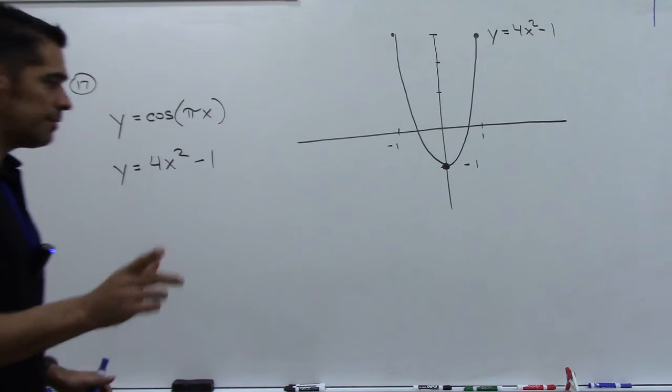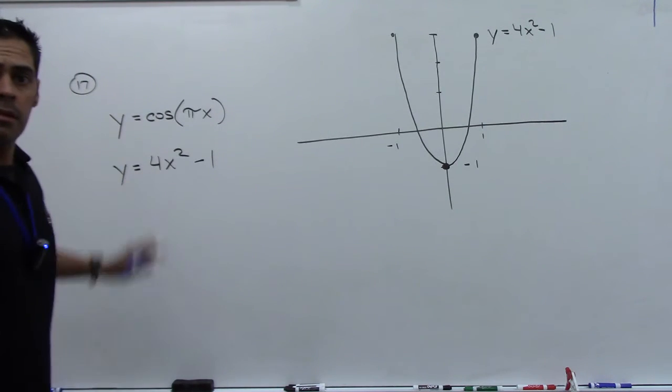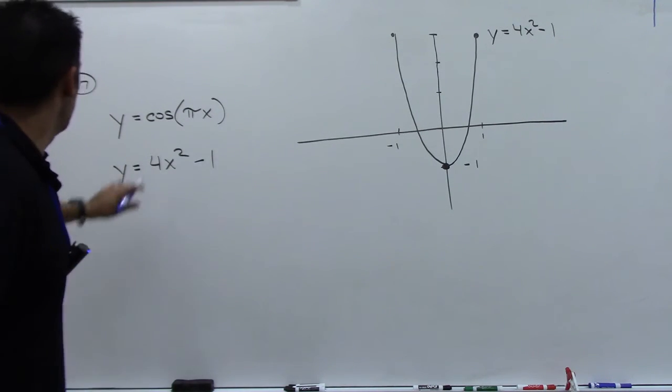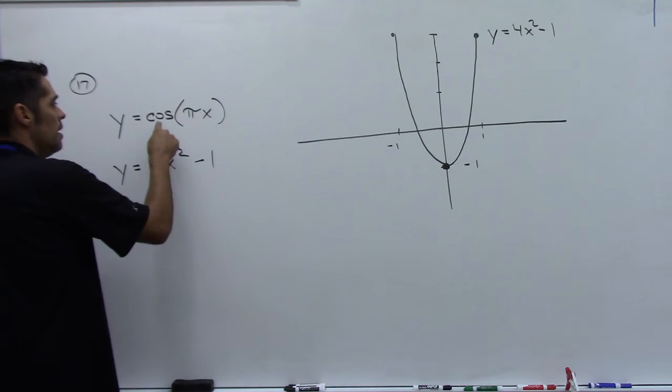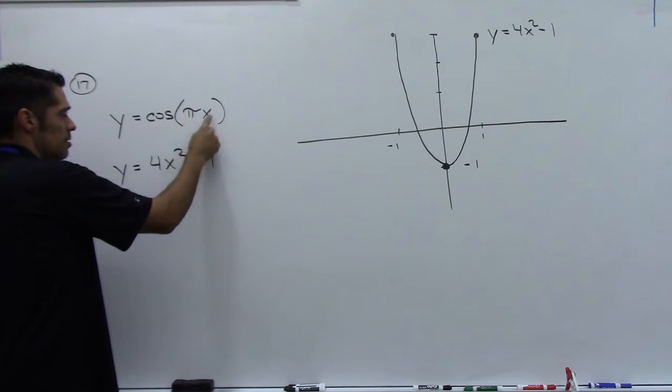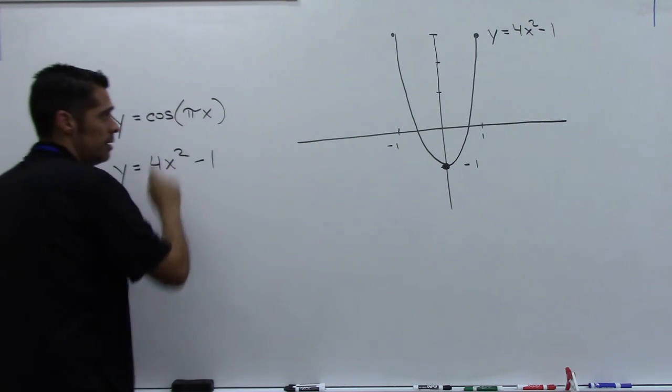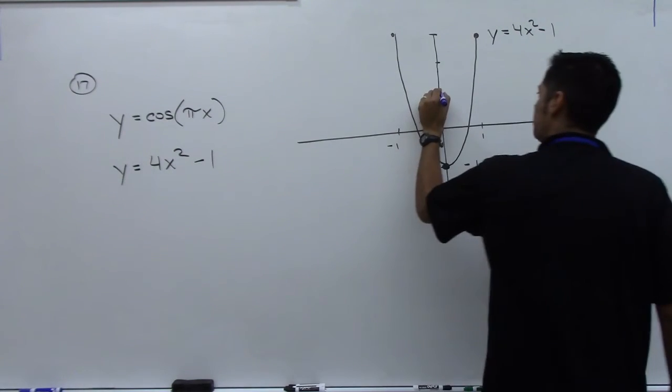Okay, so I'm going to have to stop in a second, but what's my time? Oh, good, it might work out. So cosine of pi x. Let me start with 0. If I plug in 0 for this, I get 0 for the whole thing. Cosine of 0 is 1, so I know that I'm here.